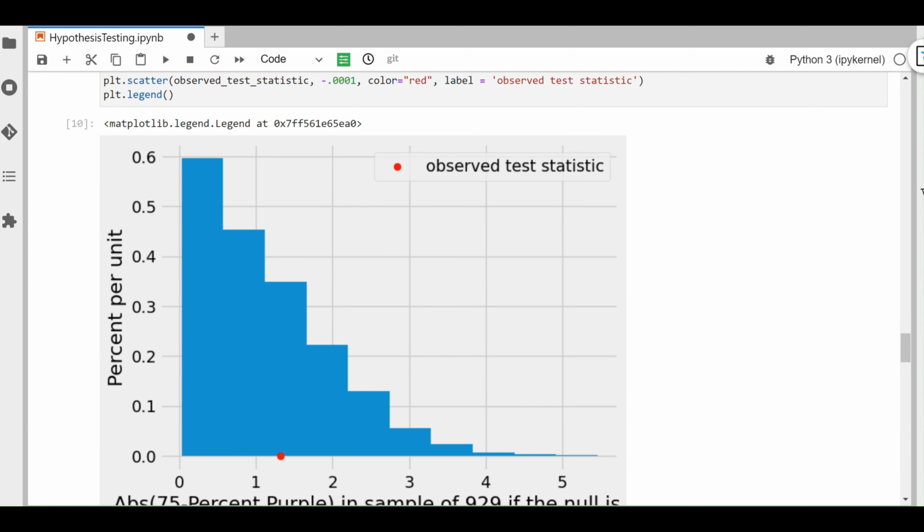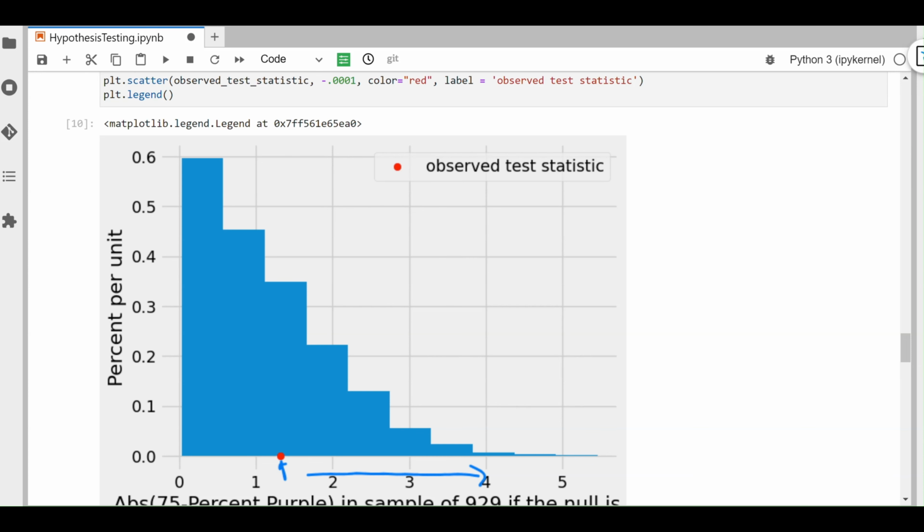And then I want to think about, all right, what's the probability that I observe that or something more in the direction of the alternative? My alternative, again, was that the proportion of flowers or the chance of being purple was not 75%. So more in the direction of the alternative would be anyway this way.